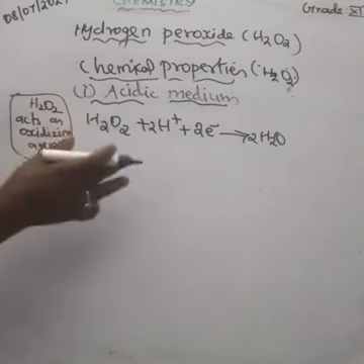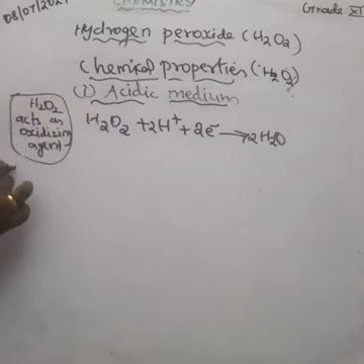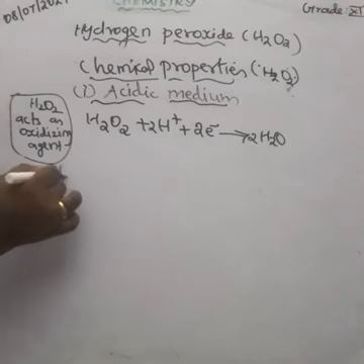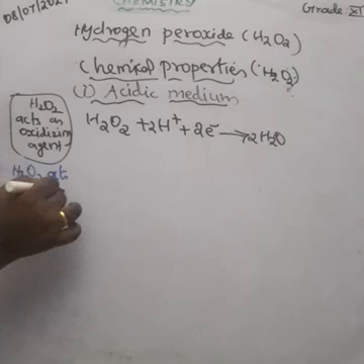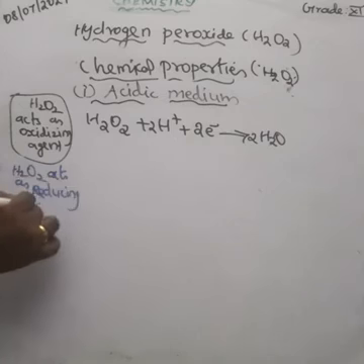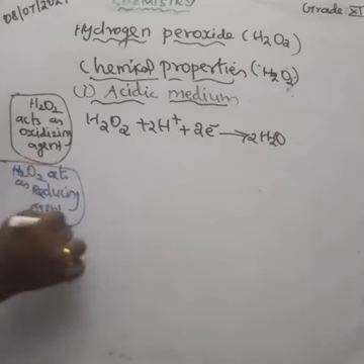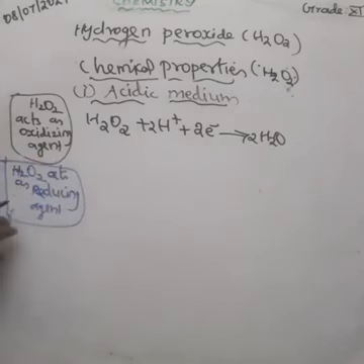That means it is an oxidizing agent. And hydrogen peroxide also acts as a reducing agent. Reducing agent means it can gain electrons from any other substance.